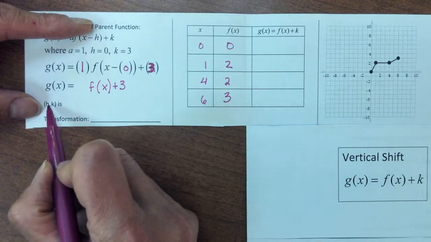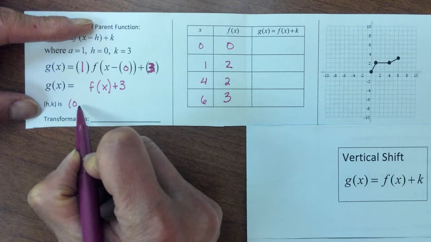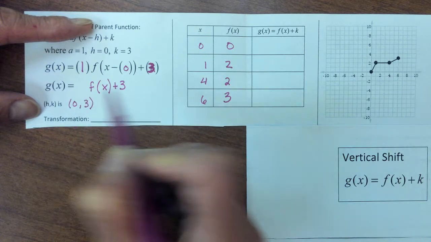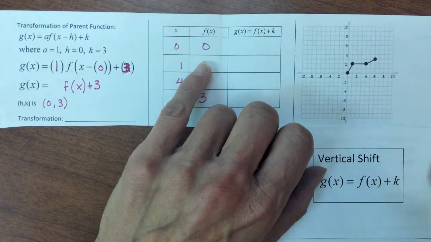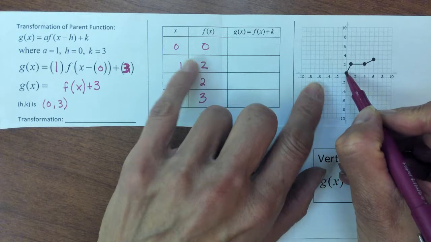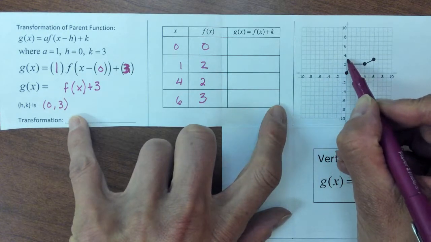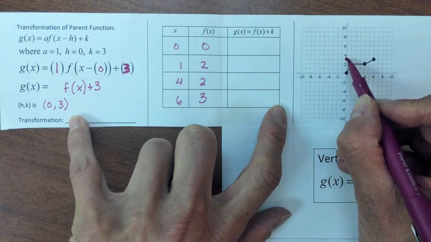So let's think. h, k is our vertex, so my h is 0 and my k is 3. So that's my vertex. So let's see what happened to my origin. My origin is now 0, 3, so 0, 3 is here. So it looks like this point went up 1, 2, 3.